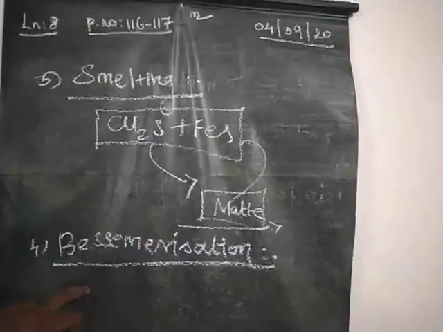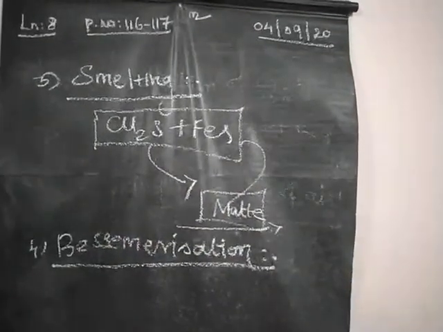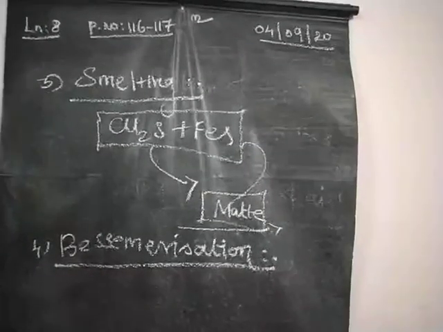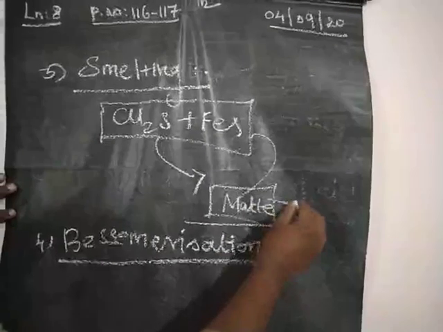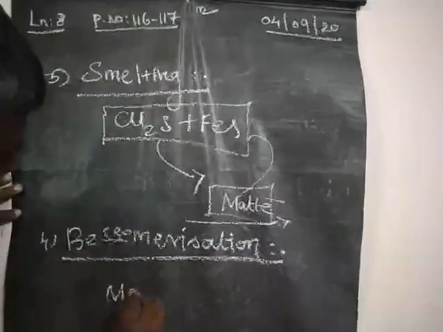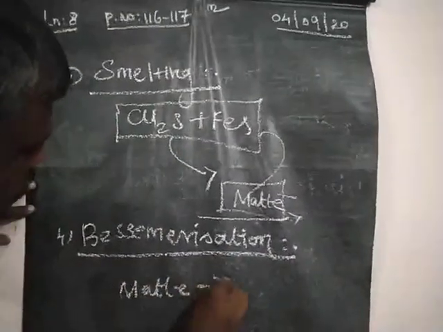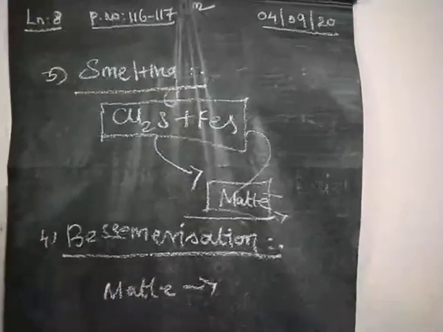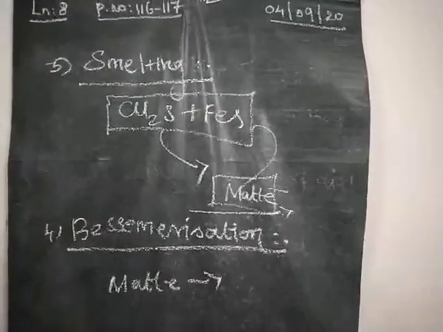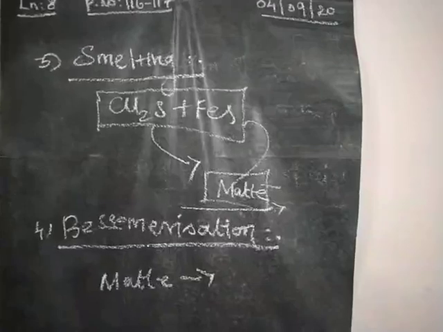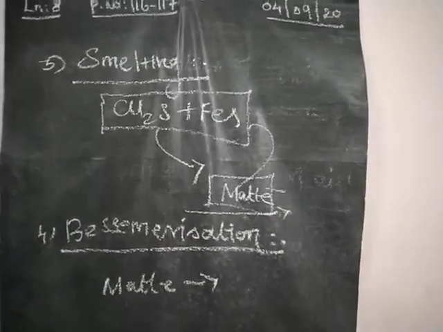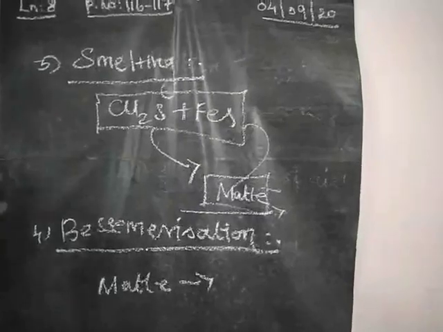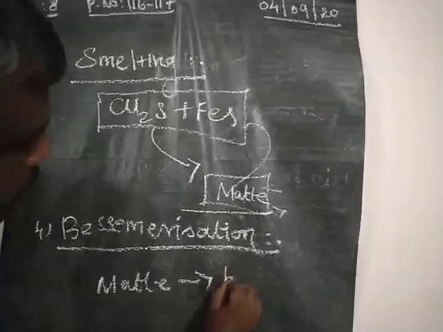In the fourth process, the molten matte is transferred into a furnace called the Bessemer converter, in order to obtain blister copper.